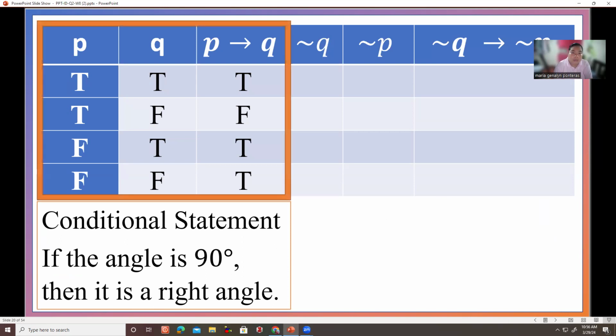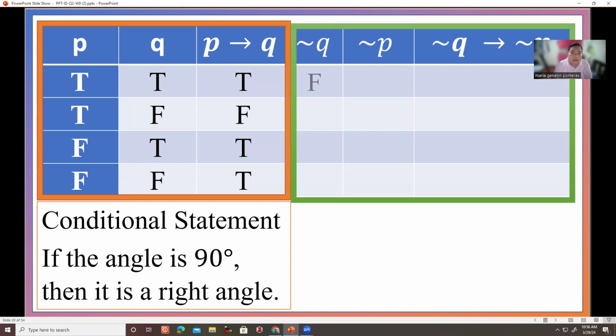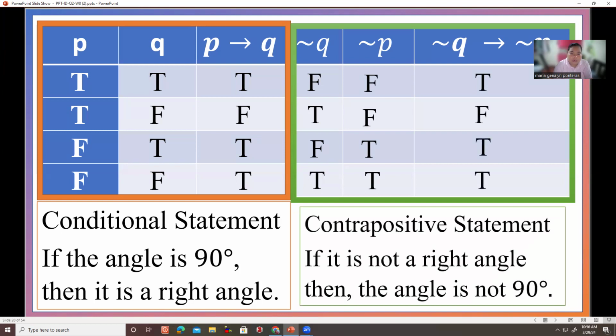For not P and the negation of Q, you have false, true, false, true. For not Q implies not P, you have true, false, true, true. So this is the contrapositive statement.